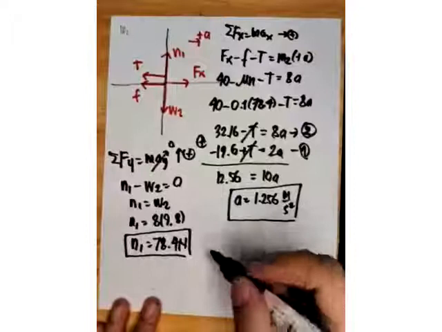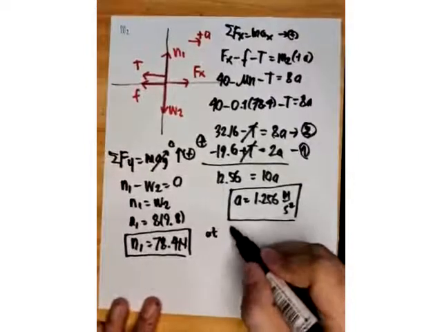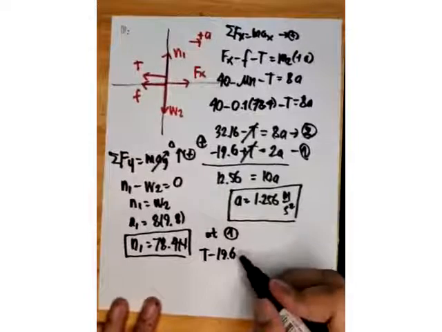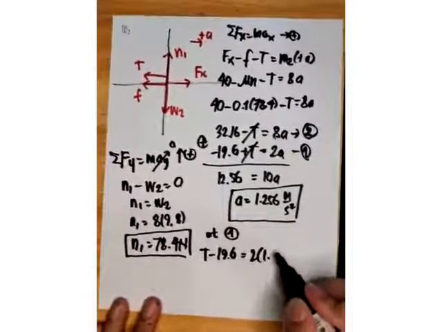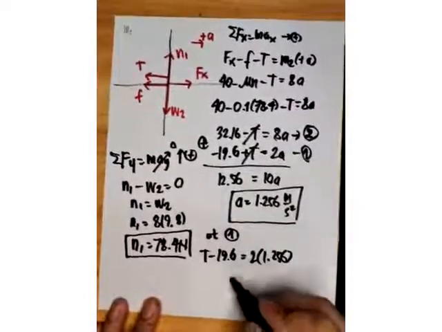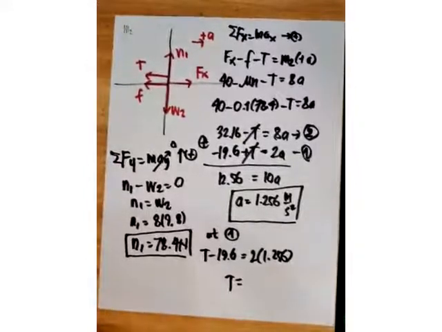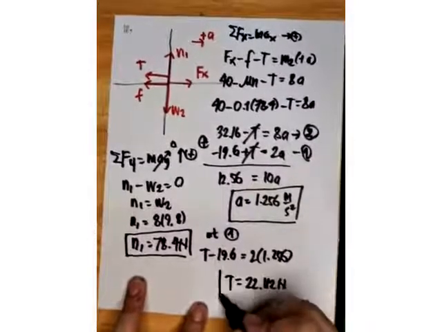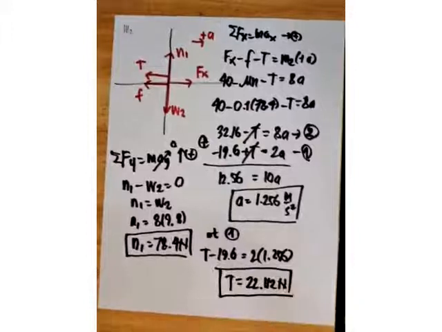So, let's just get at equation 1. So, at 1, T minus 19.6 is equal to 2 times 1.256. So, what is the tension? Okay, so tension is 22.112 newtons.